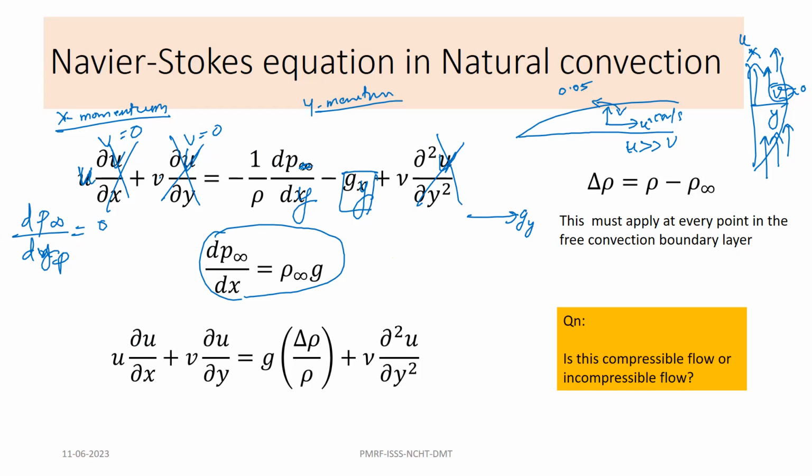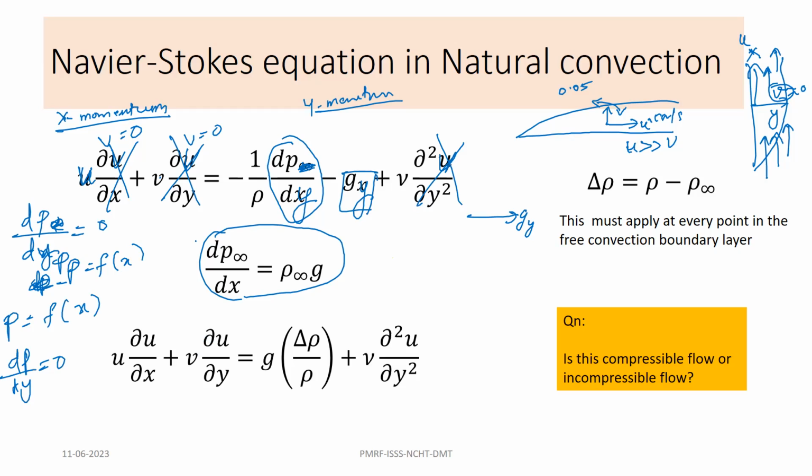It's actually not P infinity, it is P, because it's not the surrounding, it's a pressure gradient driving the flow. So P is a constant with respect to Y, so P can be only a function of X. If P is a function of X, then definitely dP by dy will be zero, right?